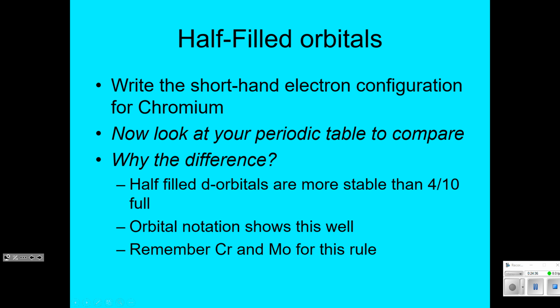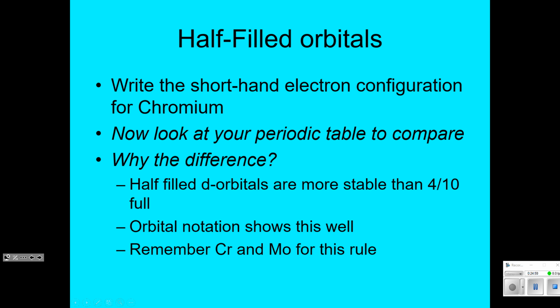Now, this occurs for two elements in that d orbital, chromium and Mo. So notice on your note sheet where it says orbital stability, atoms are most stable when orbitals are either full or half-filled. Electrons will move between orbitals in order to achieve all full or half-full orbitals.